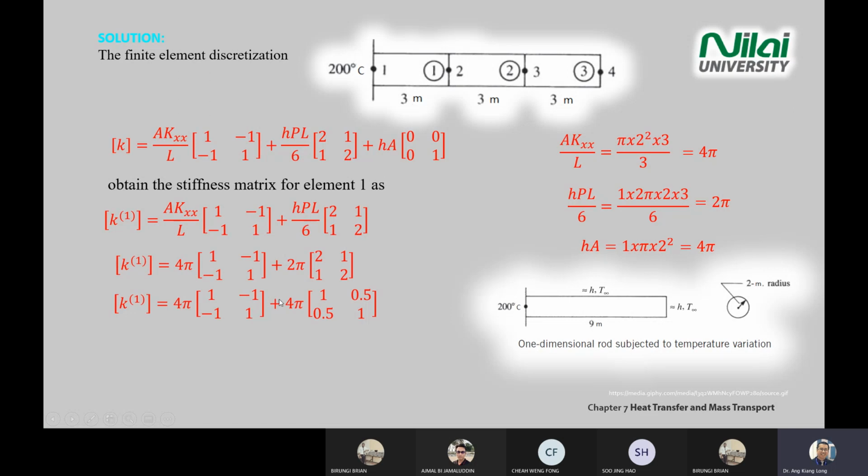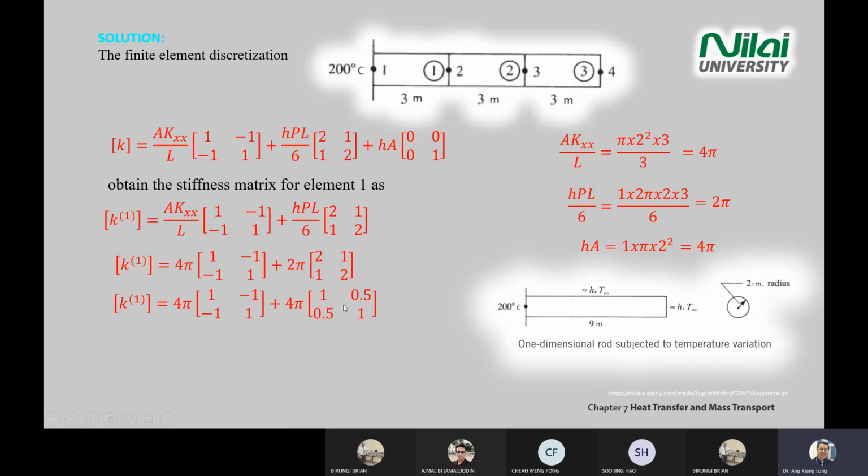Okay, the third row is just a mathematical modification, because when we add two matrices together, just for our convenience, we change to 4 pi. But anyway, you can just substitute inside there and then do the addition, also can. So row number 1, 2, 3, 4 is just a mathematical procedure.